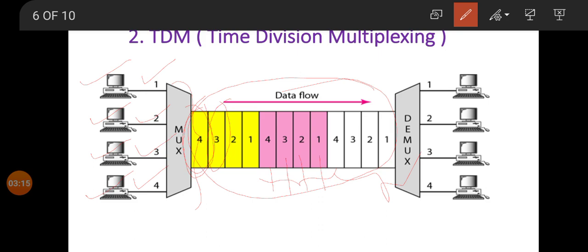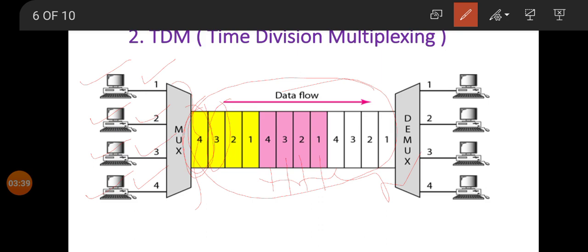So it divides the time among users. Clear? TDM allocates a fixed time slot for each user to send signals through a common channel, and each user must transmit its data within the time slot given to it.